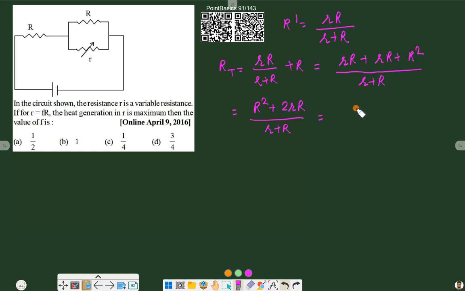Further, R we can take common, so R times 1 plus 2r by R, over R plus r.